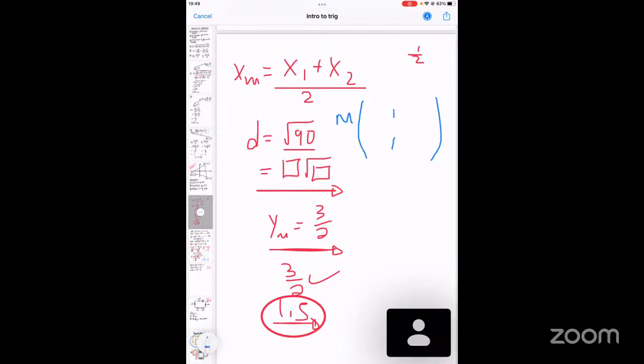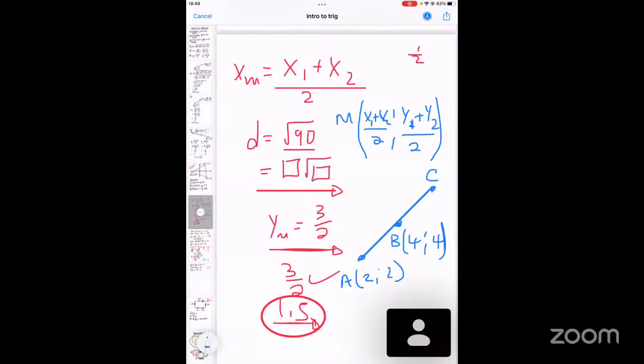I would advise you not to use that one because sometimes if they give you the midpoint and they want you to find the other point, many of you get confused as to which formula to use. For example, if they say this is a line, maybe they give the coordinates there, let's say 2 and 2. And then they give you the midpoint, let's say it's 4 and 4, and they want you to find point C.